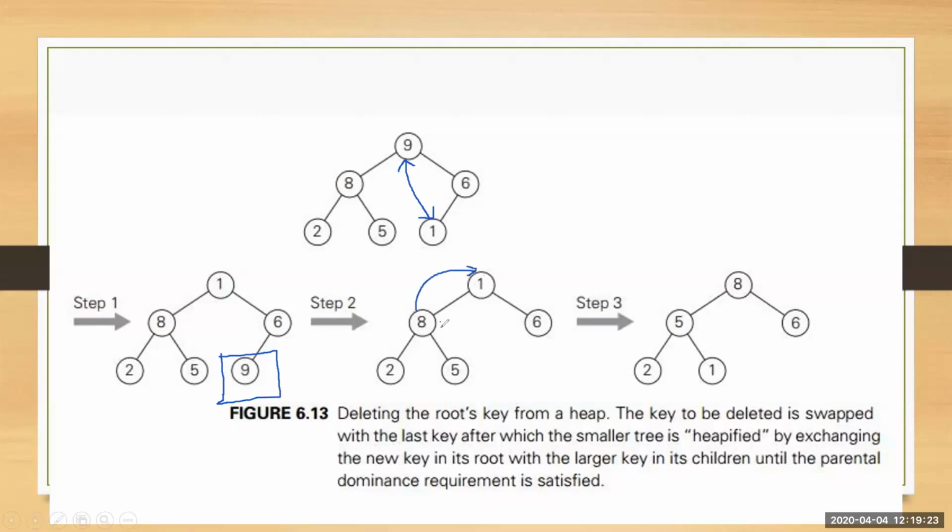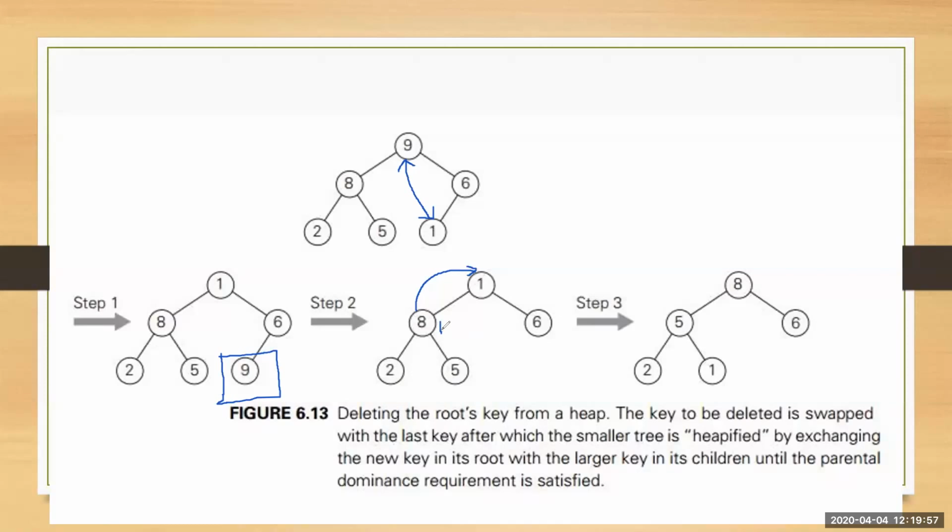Assume that 1 is here. Now check whether parental dominance holds with its children, 2 and 5. The value 2 is the left child, and the value 5 is the right child. Here the right child is bigger, therefore you consider 5.